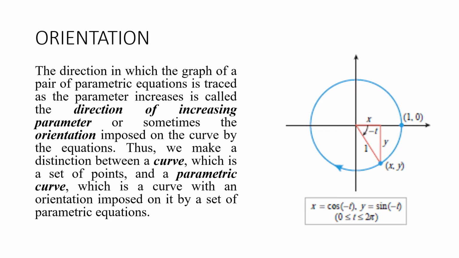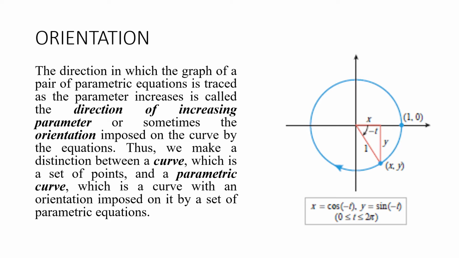Now if you notice on the graph previously presented, the orientation of the parametric curve can be indicated by arrowheads. To obtain the parametric equations of the unit circle with clockwise orientation, we can replace t by negative t and use the identities cosine of negative t equals cosine t, and sine of negative t equals negative sine t.